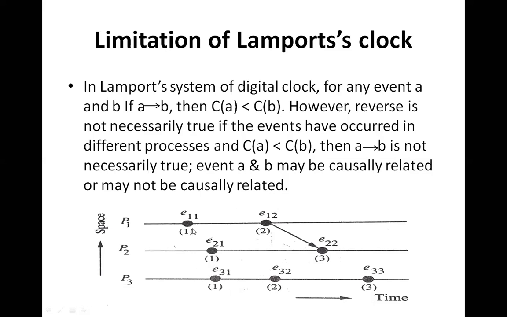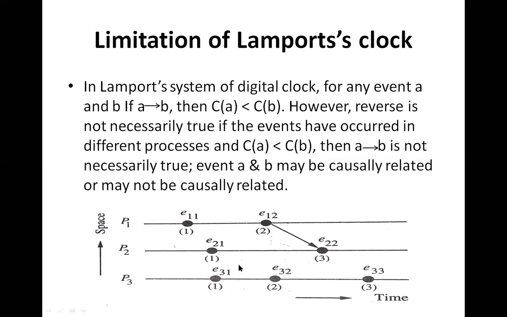Since the timestamp of E11 is less than the timestamp of E32, Lamport's suggestion is not able to tell whether E11 is causally related with E32 or not. It may be causally related with E32, or it may not be.